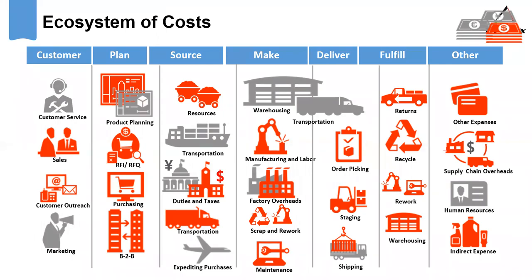So all these elements, starting from acquiring a customer and then distributing cost around our planning process, making process, sourcing process, delivering or fulfilling the product throughout the logistics network, there are significant and very well-defined cost elements there. And then there are other overhead costs that also get into the overall cost calculation.